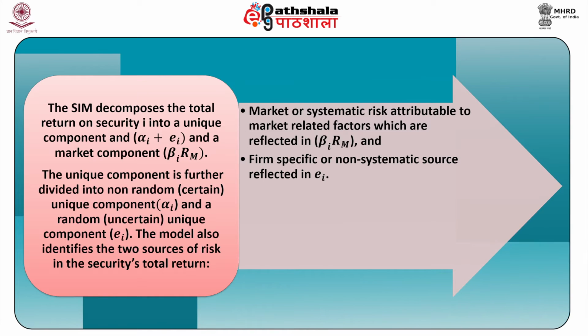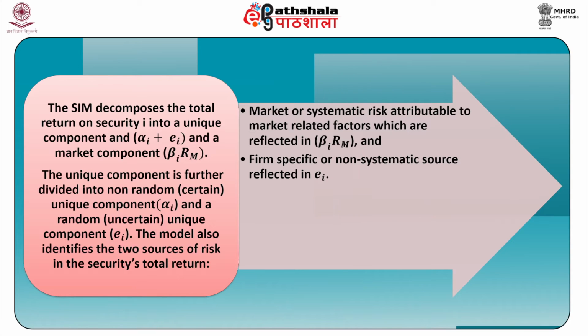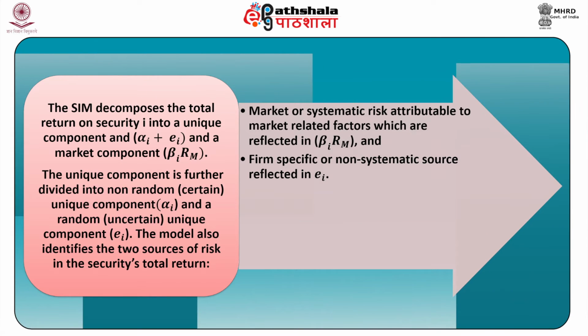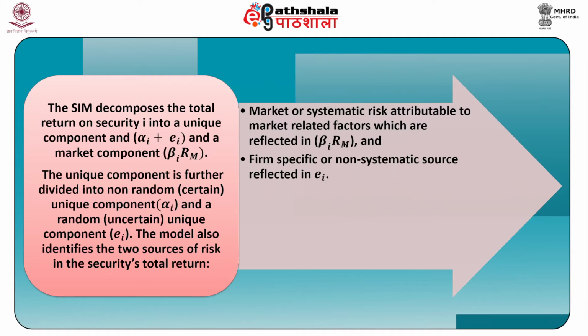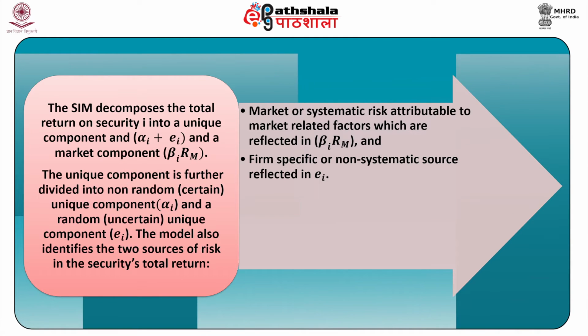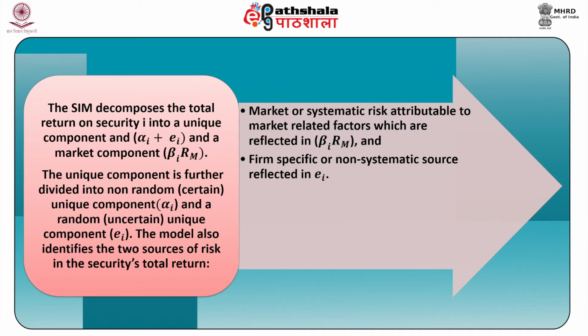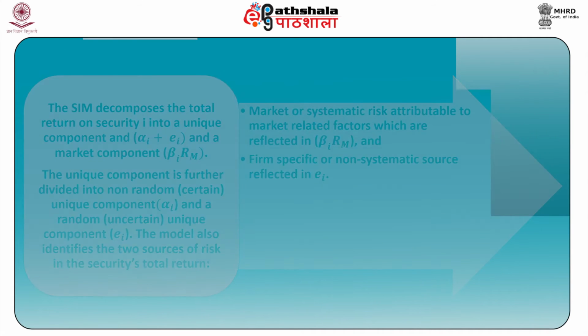The model also identifies the two sources of risk in the security's total return. First, market or systematic risk attributable to market-related factors, which are reflected in beta i × Rm, and second, firm-specific or non-systematic risk, reflected in Ei.